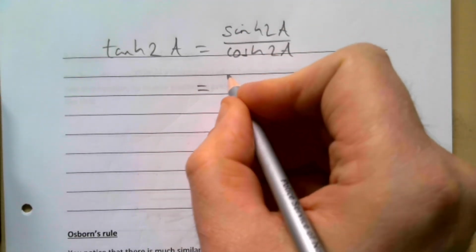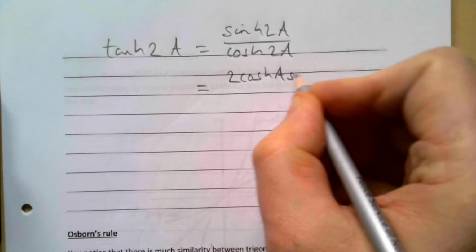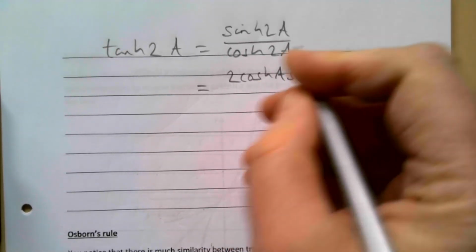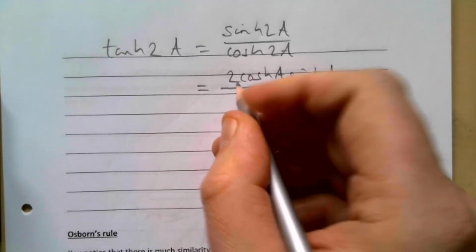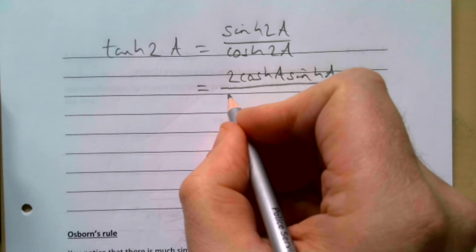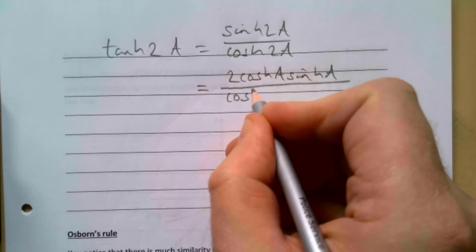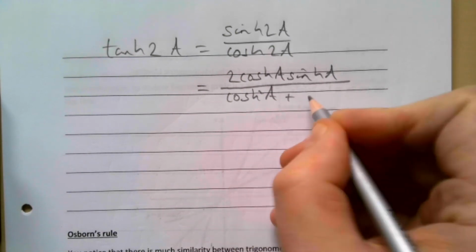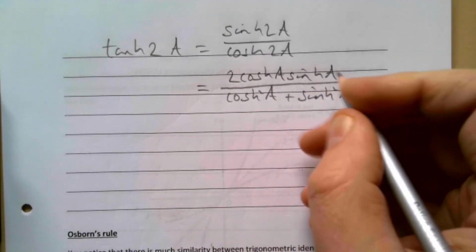That's going to give us 2 cosh a sinh a. We've just used that from the previous page, and what we also had on the previous page, the first example, was that cosh 2a is cosh squared a plus sinh squared a.